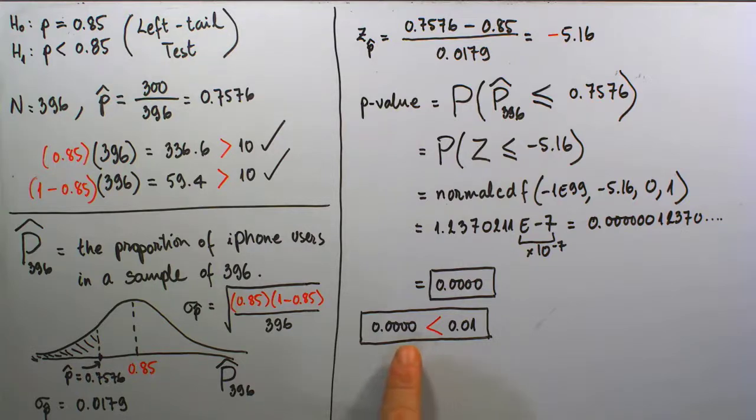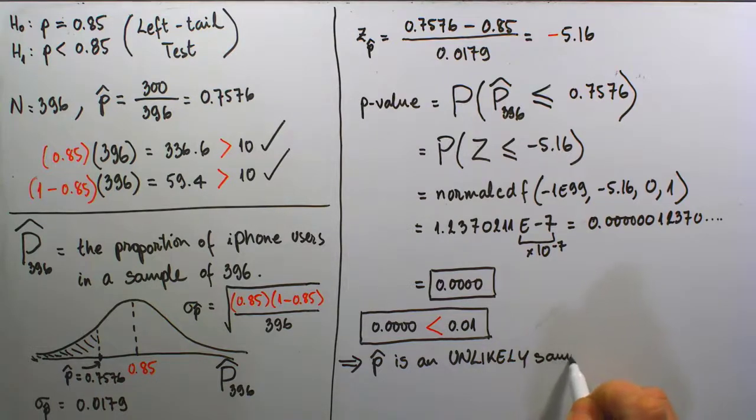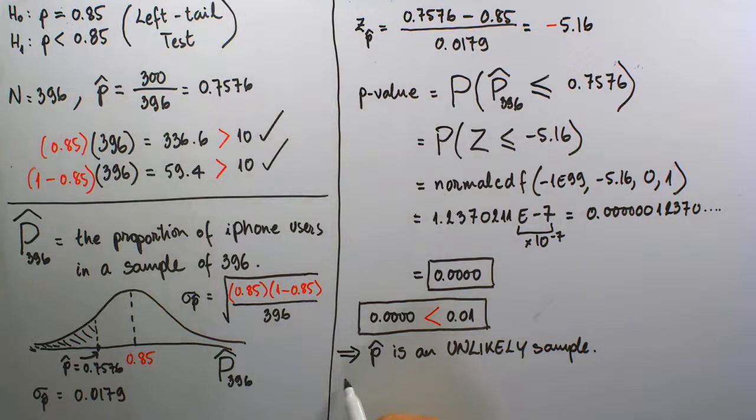So upon realizing that the p-value is well below the significance level, we can come to a conclusion as following. First thing, our sample is an unlikely sample. And further, being an unlikely sample leads to the fact that our sample proportion is showing or itself a strong evidence.